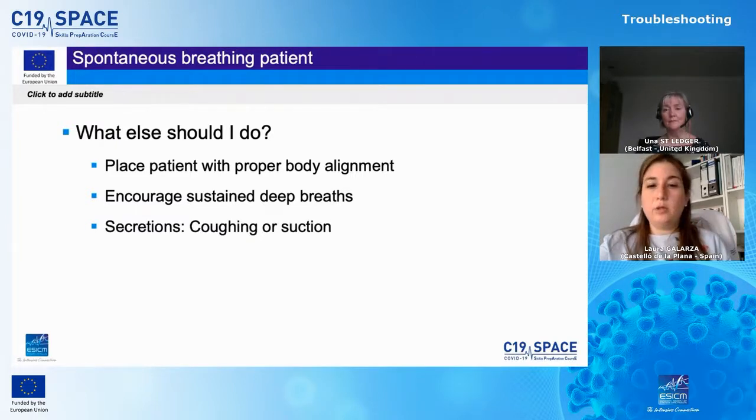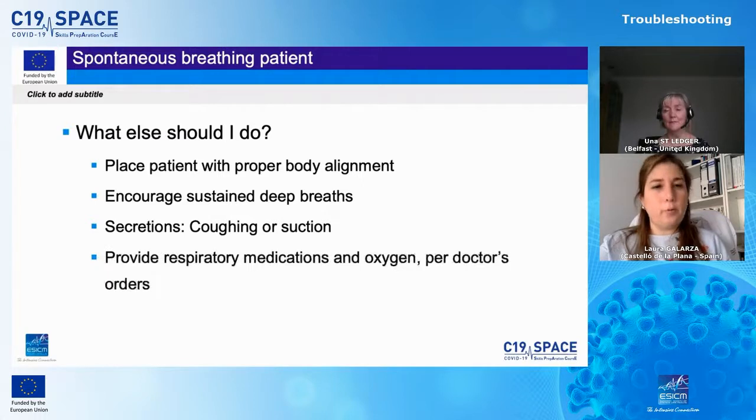We should ask if he or she has some secretions, and if the answer is affirmative, we should encourage coughing or suction if the patient is intubated. We should provide some respiratory medications such as bronchodilator and oxygen, but always per doctor's order.